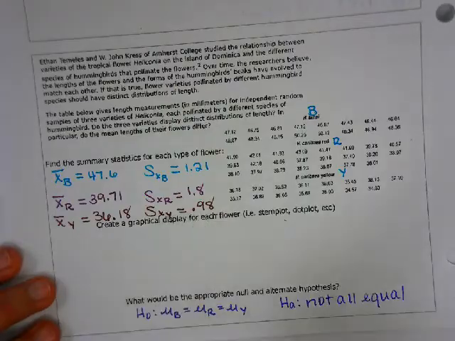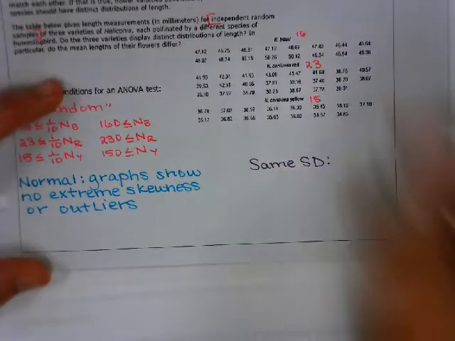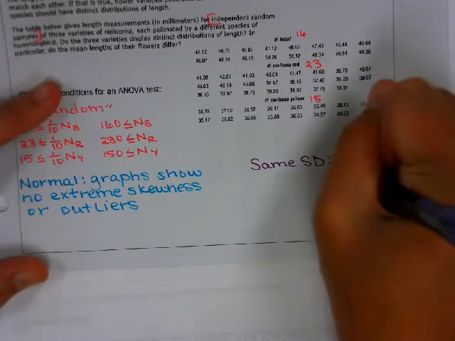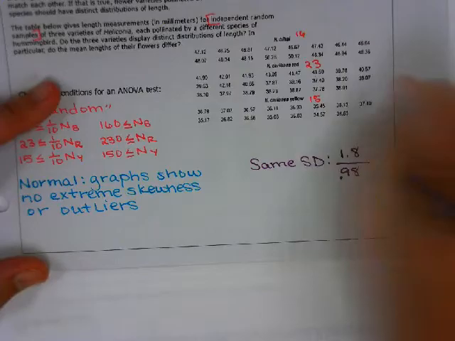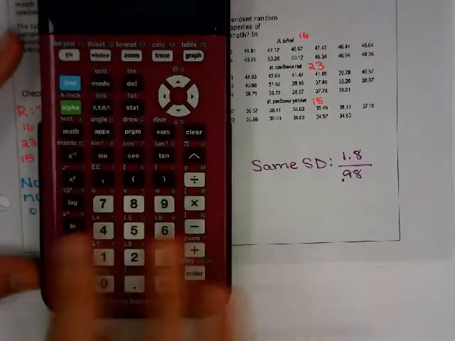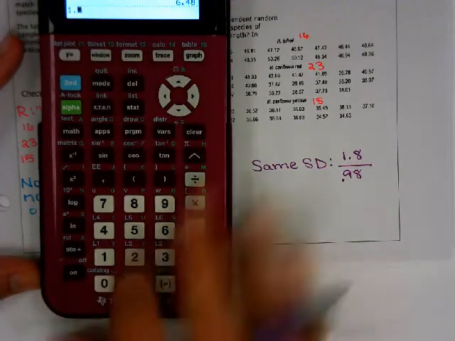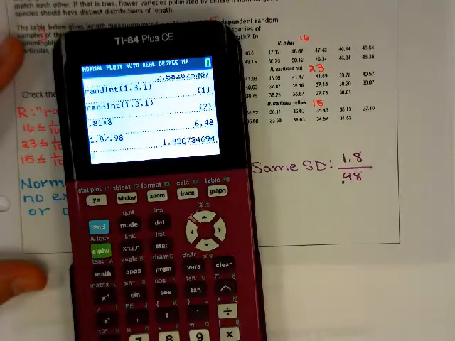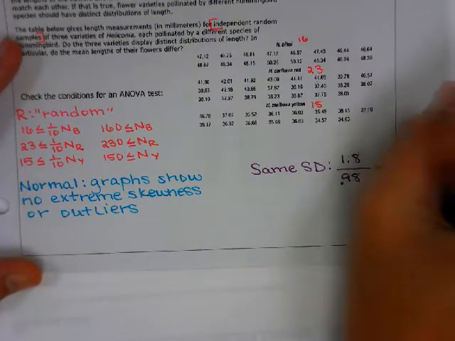I divide. If I take 1.8 divided by 0.98, I get 1.84, which is less than 2, so that condition is met. That's all we have to do for that. Yep, less than 2, check mark. Yay. I suppose you don't have to put the check mark, but I do.